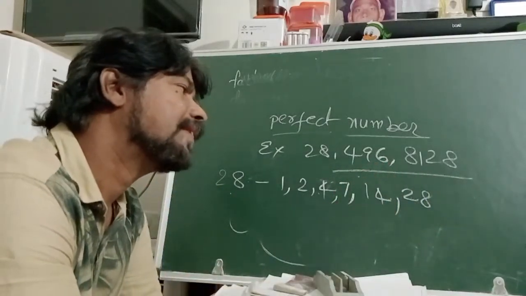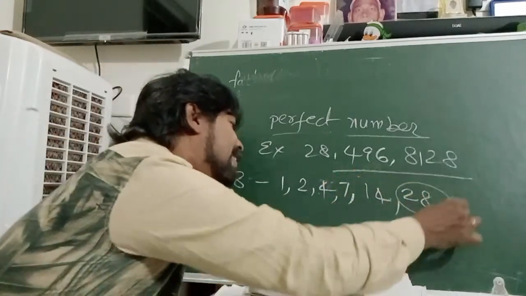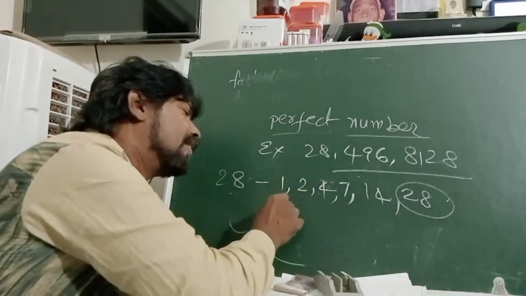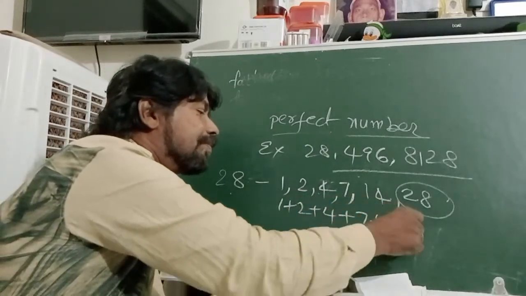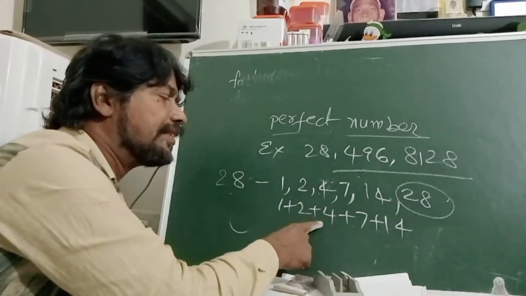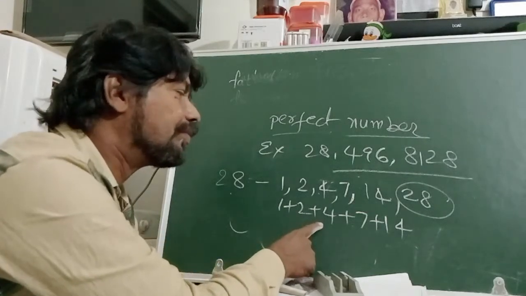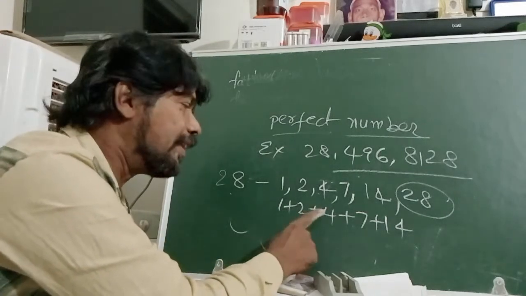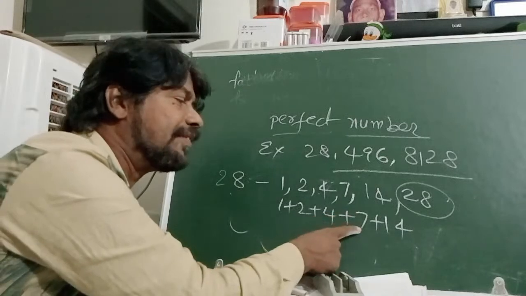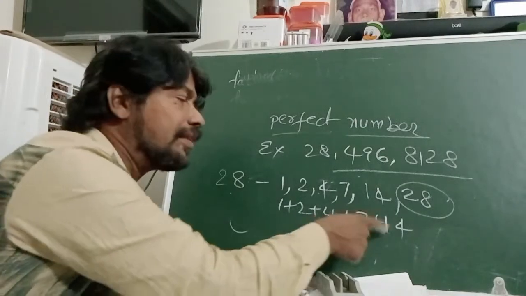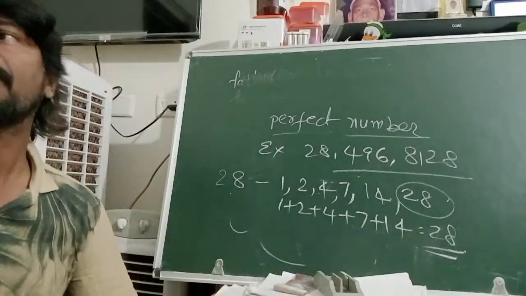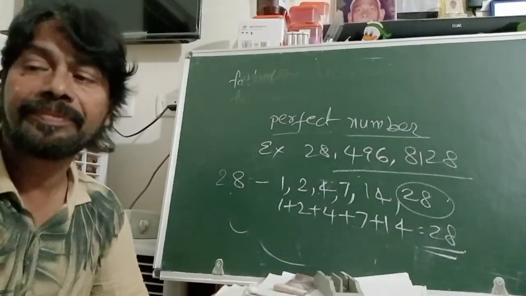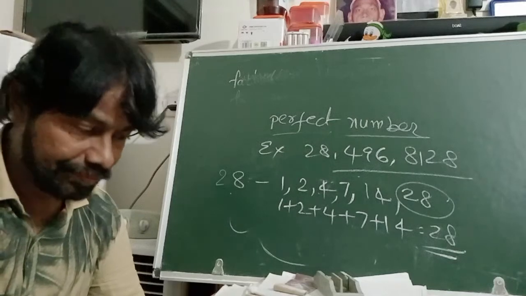So except 28, add all the numbers: 1 plus 2 plus 4 plus 7 plus 14. 1 plus 2 is 3, 3 plus 4 is 7, 7 plus 7 is 14, 14 plus 14, we are getting an answer of 28. So that's why 28 is a perfect number.